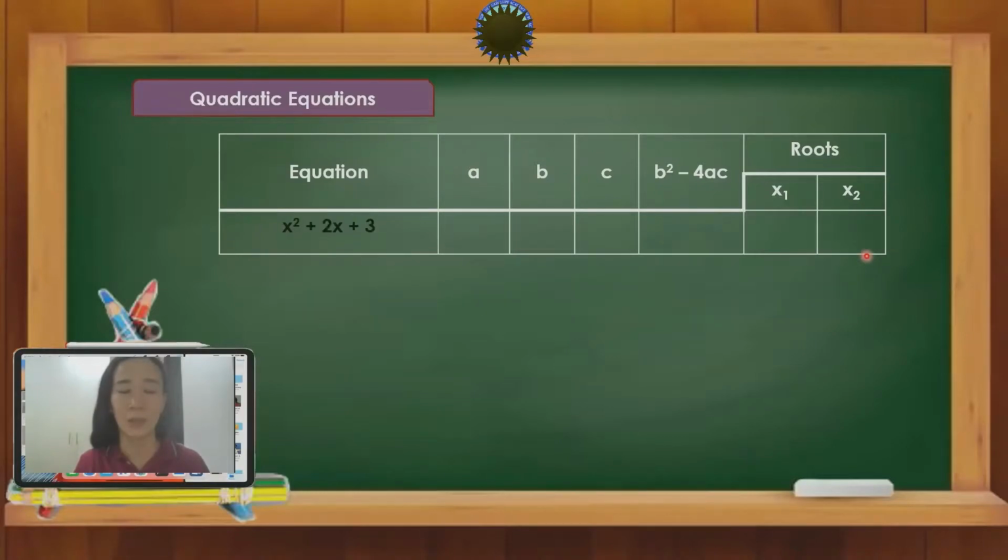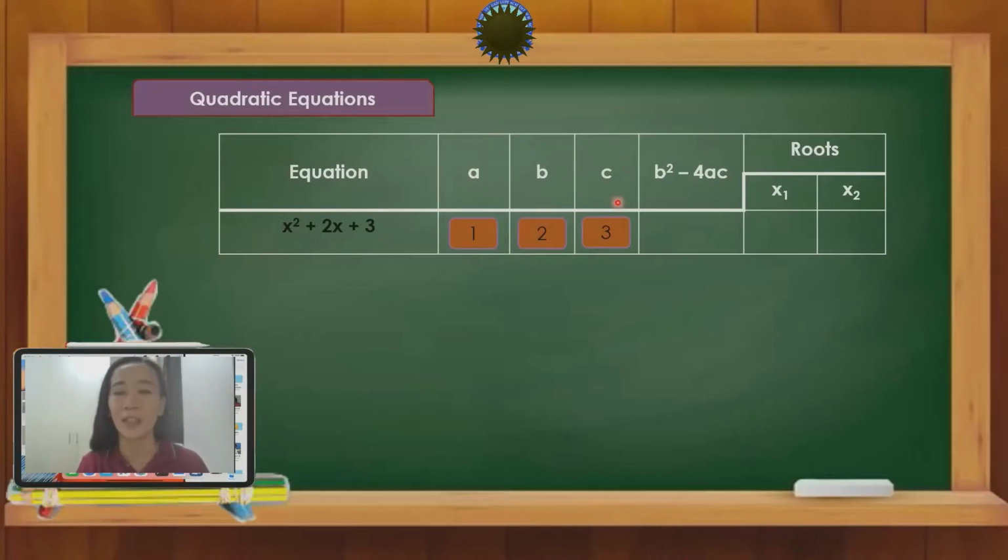Next quadratic equation was x squared plus 2x plus 3. What were the values of a, b, and c? Marvelous, Guadans! The values of a, b, and c are 1, 2, and 3.